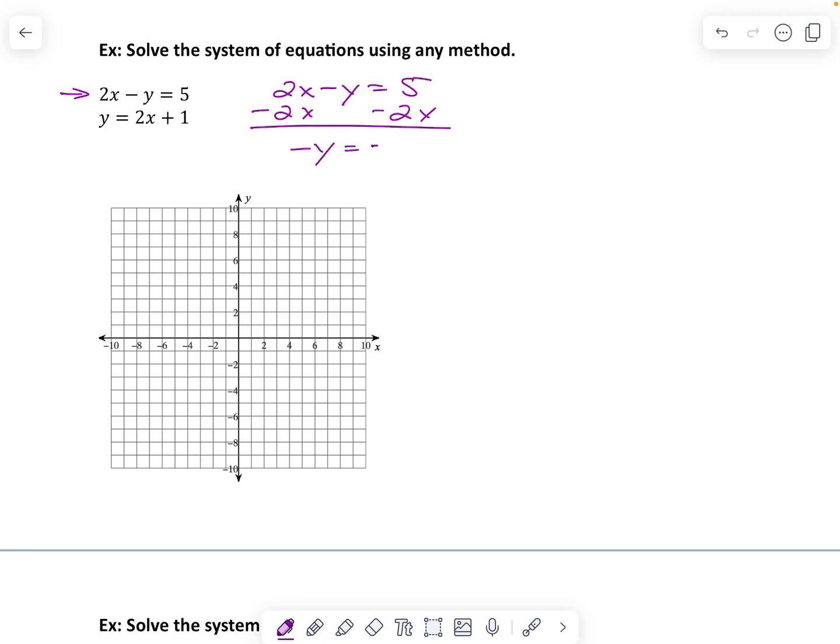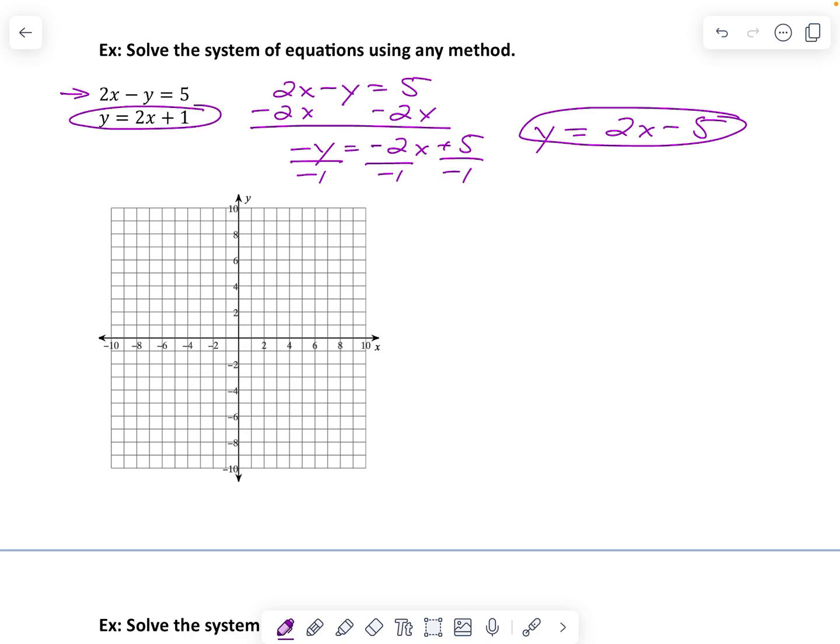Dividing everything by -1, we get y equals 2x minus 5. So we have y equals 2x minus 5, y equals 2x plus 1. Now, you might be thinking already, looking at those two slopes and y-intercepts, you know what's going to happen. Well, let's graph the two of them.